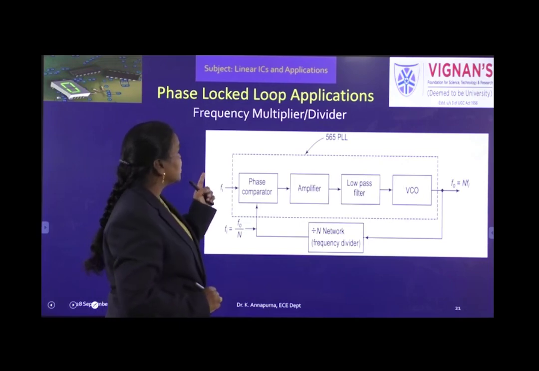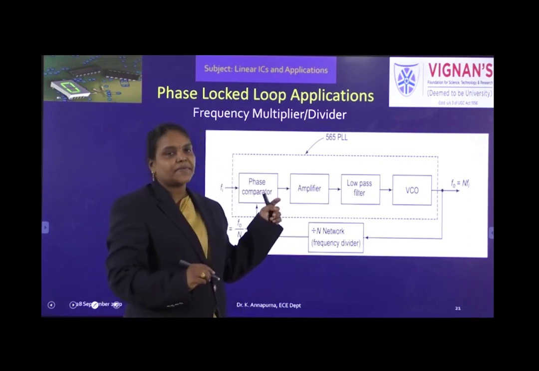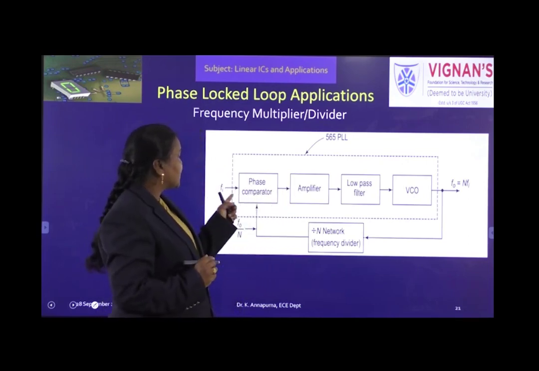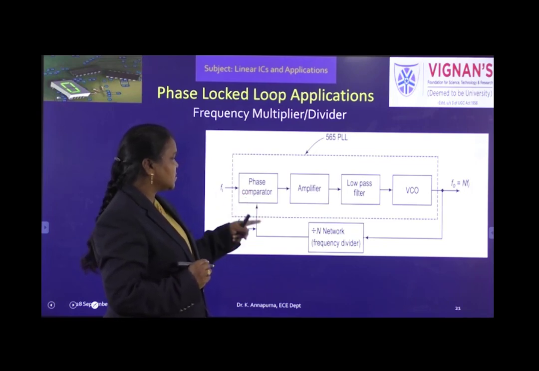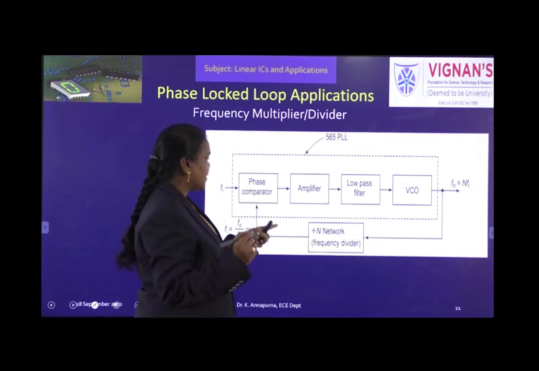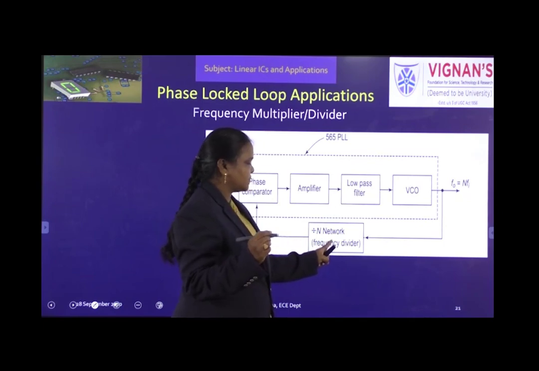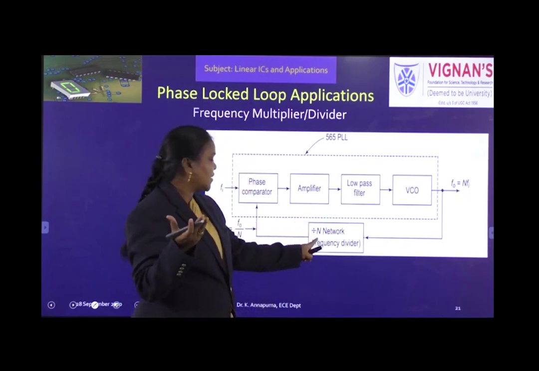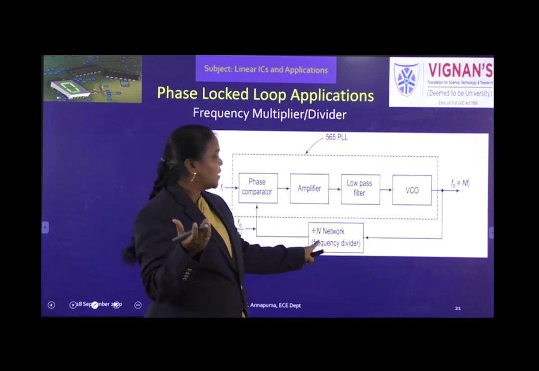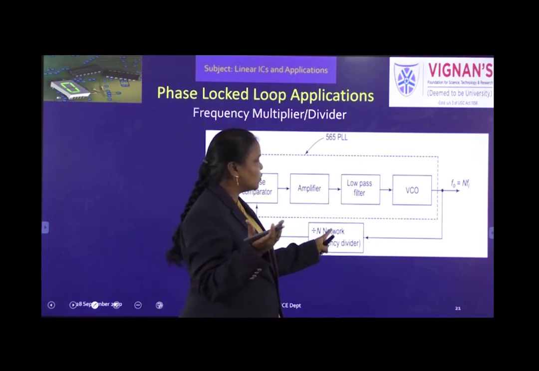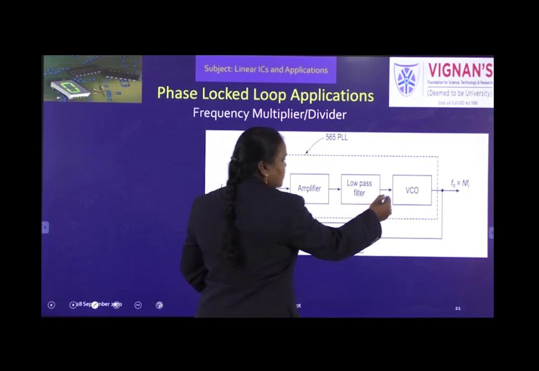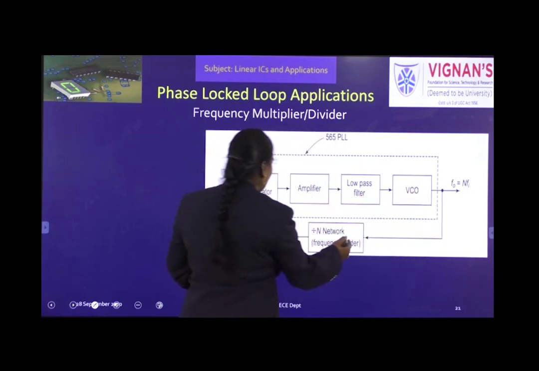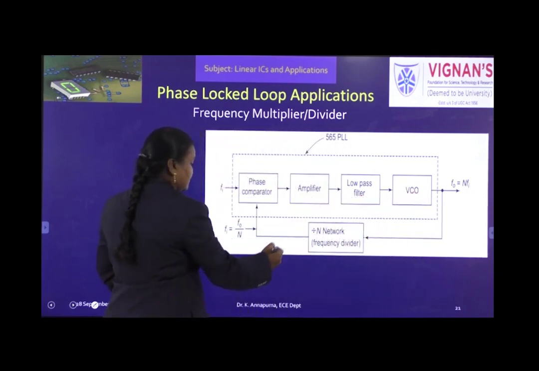And the next application is frequency multiplier or divider. Here we are using a divide by n network. If we want a multiplier, we have to use the divider network. What will the divider network do? Suppose this VCO output is F0. So F0 will be divided by n.